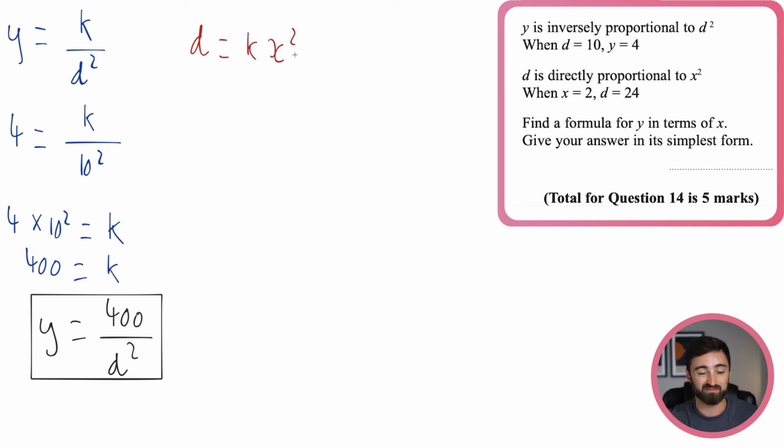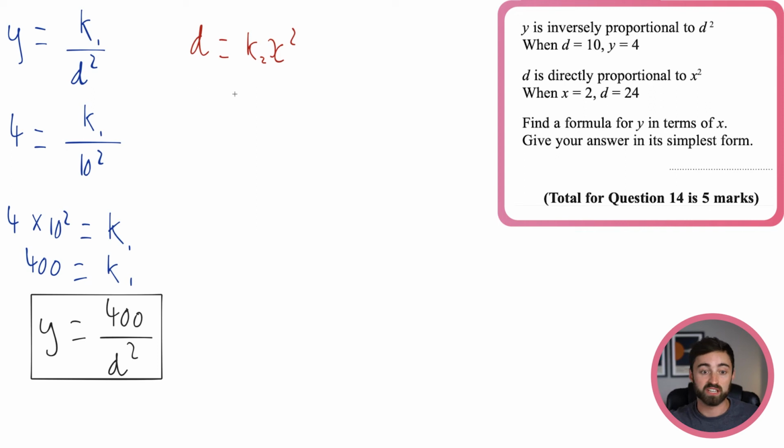Now, if you want to be super pedantic, you might say, wait a minute, wasn't k this thing over here? Technically, you could call it a different letter, or you could be kind of posh and call this k1 and k2. Realistically, at GCSE, it doesn't matter. No examiner at GCSE is going to even bat an eyelid that you use k again, so don't worry about that.